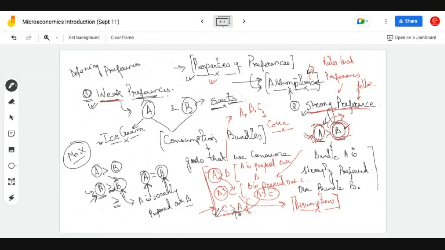In the real world it can be true, but in microeconomics we make the assumption that this cannot be true. So this is the assumption that we make. Okay. So these are some of the assumptions about preferences.